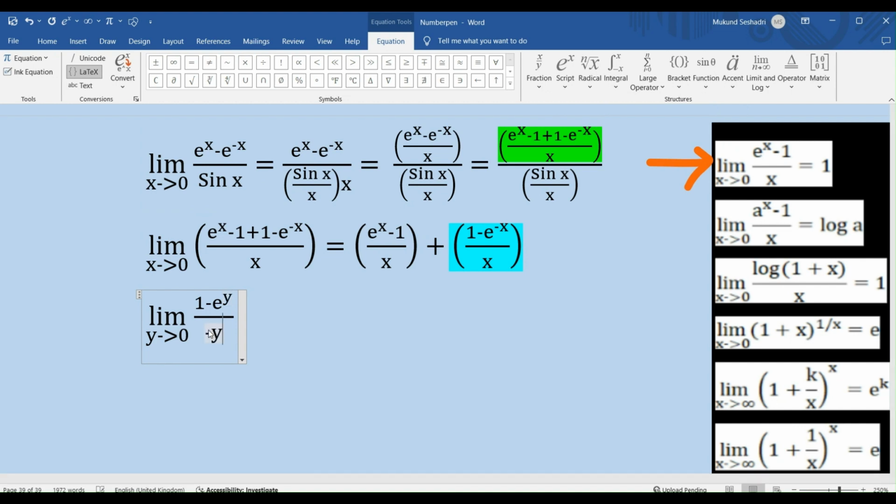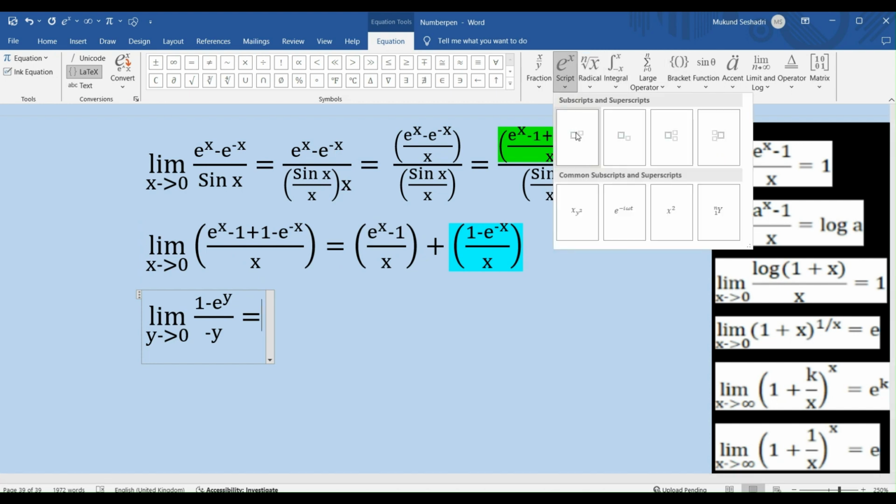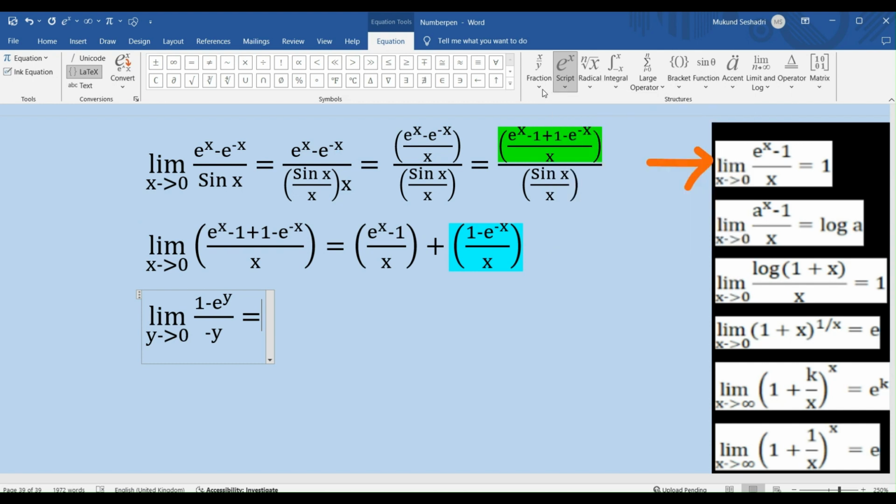It becomes a minus y, right? And I can rewrite this when I have 1 minus e to the power y divided by minus y. I move the negative sign to the numerator. So when I bring it to the numerator, it still does not change my expression, and I can rewrite it in a manner that lets us solve this problem quickly, right?